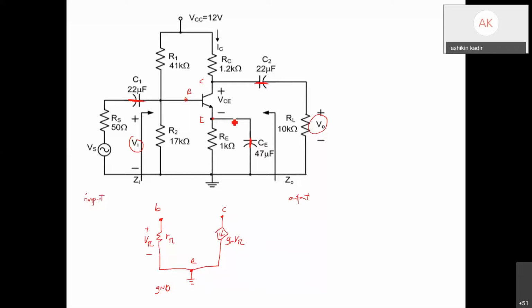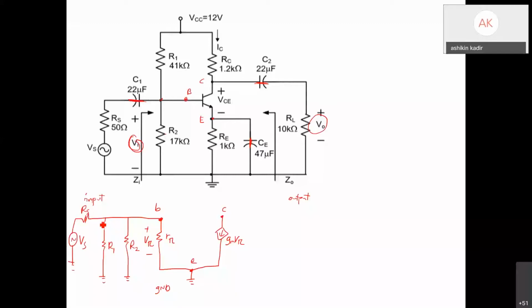And then at the input, the base is connected to the input. So you have here R1 and R2 connected to ground. And from this node also you have RS and VS.